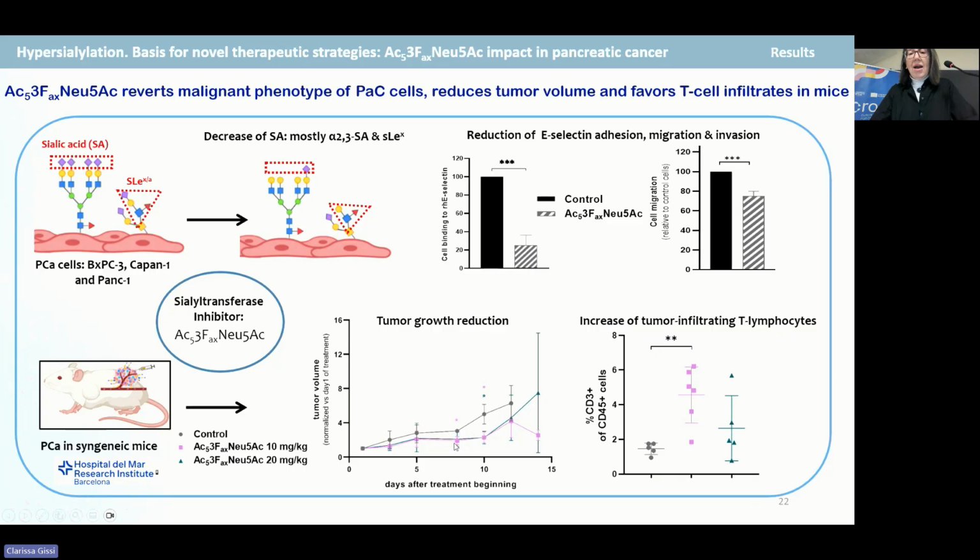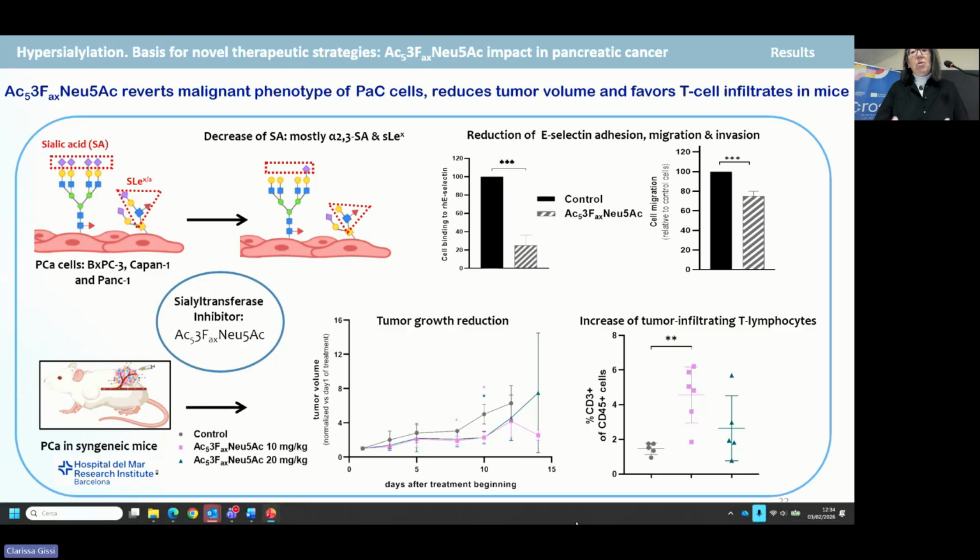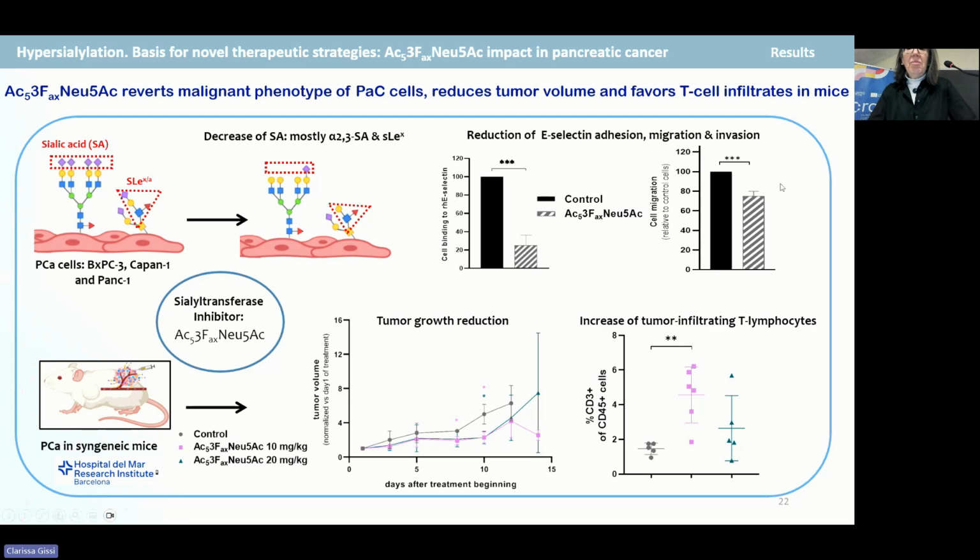When we analyzed the immune component of the tumor, because these are immunocompetent mice, we observed an increase in tumor T lymphocytes. This has now been explored because it can explain in part, or could contribute to, the reduction of the tumor growth.